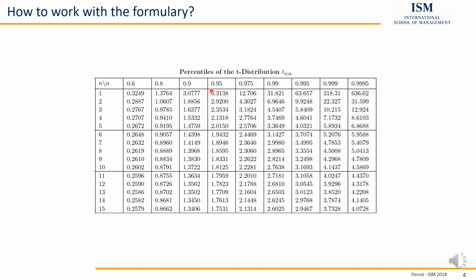While this works decently fine, if you only have a small number of observations, because here they are all listed separately, if you have a larger number and the specific values are not listed in this table, what you can do is you can round up or down to the next value in the table and use the corresponding value as an approximation.